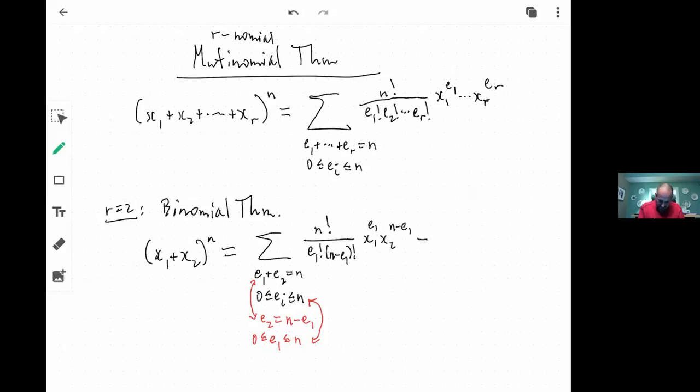And then we actually realize this is just like, okay, I'm going to sum E1 going from 0 to n of, hey, that's just n choose E1. And it's going to be x1 to the E1, x2 to the n minus E1. And that's exactly the binomial theorem that we know and love well, okay?